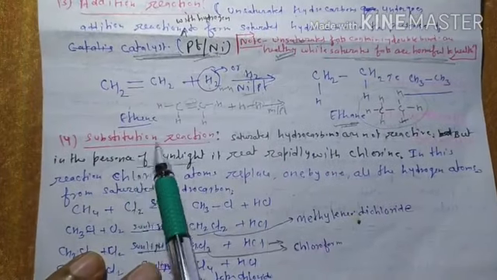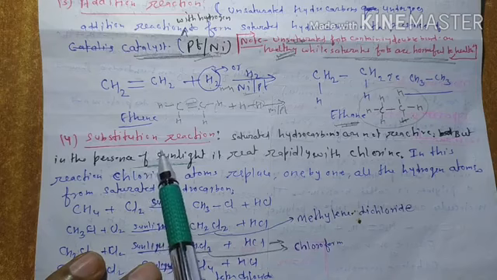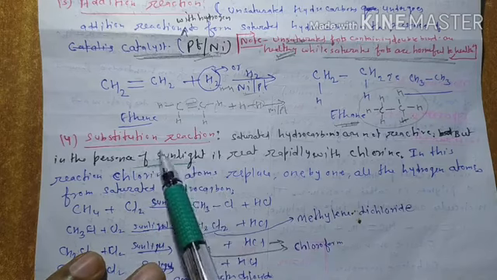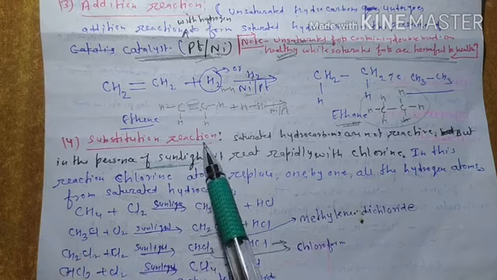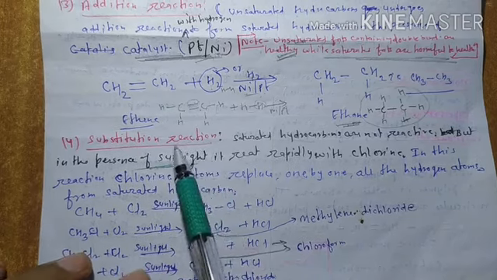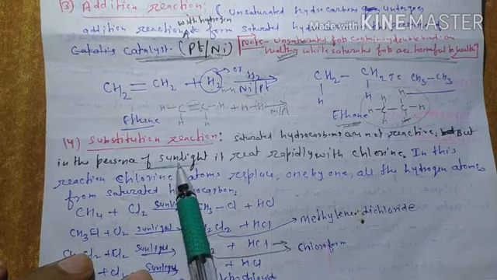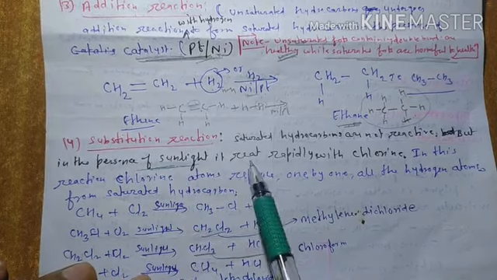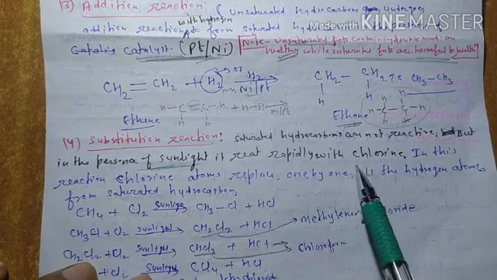Substitution reaction can take place in the presence of sunlight, and this is used for saturated hydrocarbons. It reacts rapidly with chlorine in the presence of sunlight.